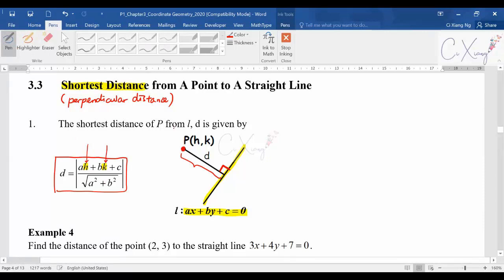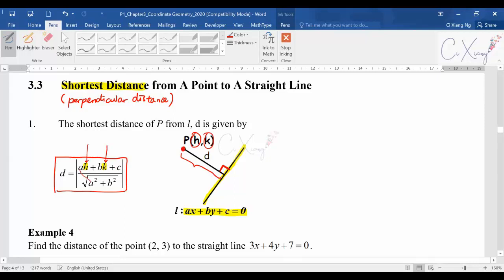So you substitute the coordinates of the point that you want. Because you want to find the shortest distance from P to the line, you need to substitute h and k, the coordinates of P, inside the general equation for the line, and then divide by the square root of a squared plus b squared.